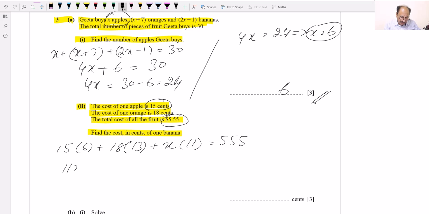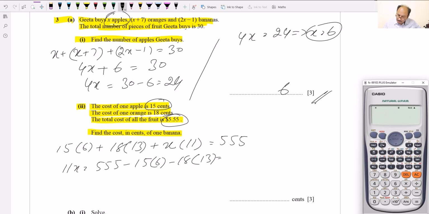So 11x will be equal to 555 minus 15 into 6 minus 18 into 13, and this will be resulting to 231.